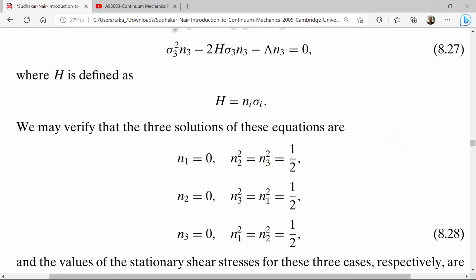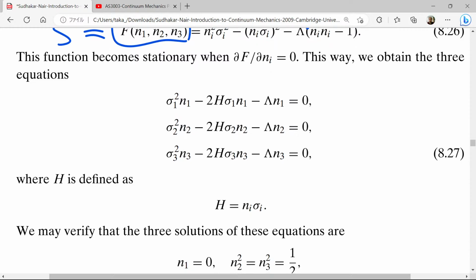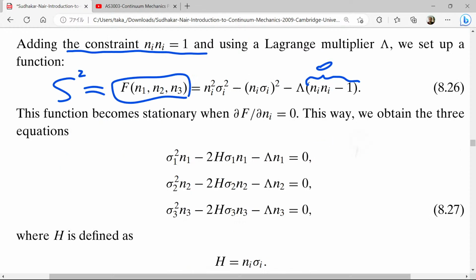This is hard. I still don't understand. I think it's hard to understand from this text.